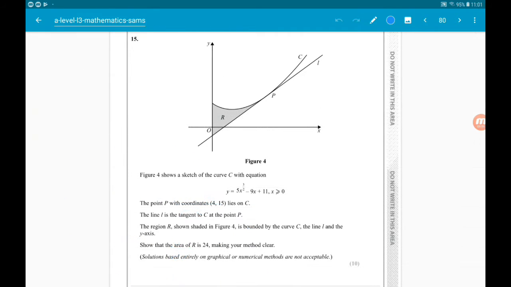Number 15, a nice 10-mark question. Figure 4 shows a sketch of the curve C with equation y equals 5x to the 3 halves minus 9x plus 11, where x is greater than or equal to 0. The point P with coordinates (4, 15) lies on C, so let's put them on there.